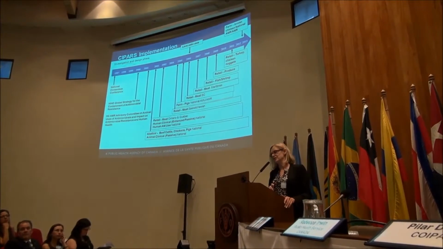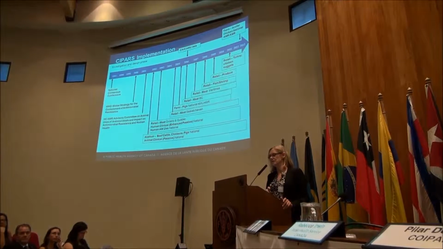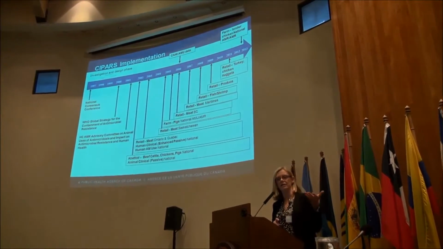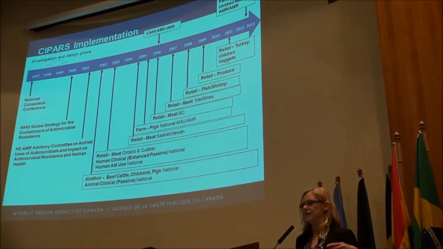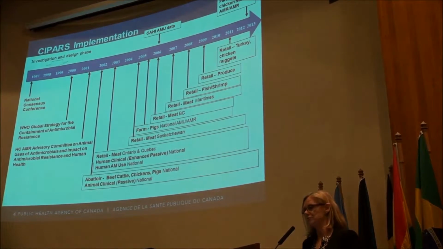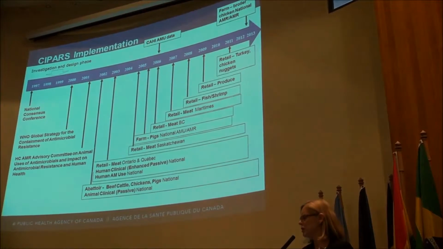So this is how it started. In '97, we had a national consensus conference where the human and the veterinarian and the hospitals and the community all came together and decided where we needed to start. And there were 27 recommendations that came out of that conference, and one of them said, what's going on with the animals?